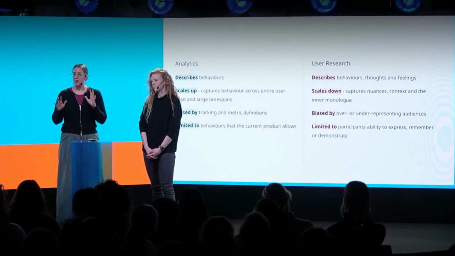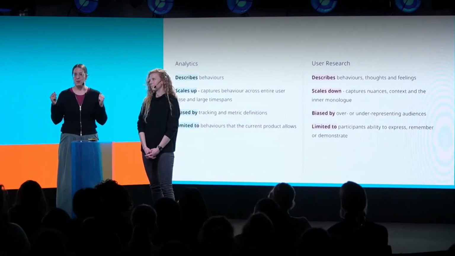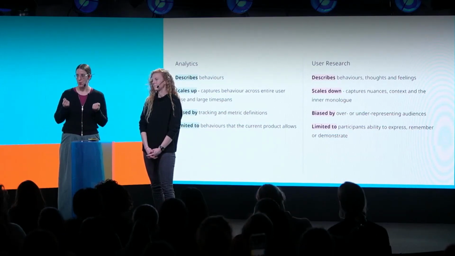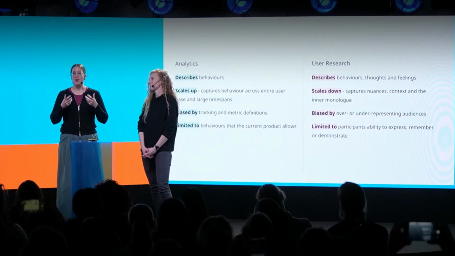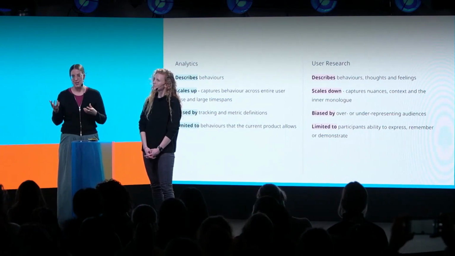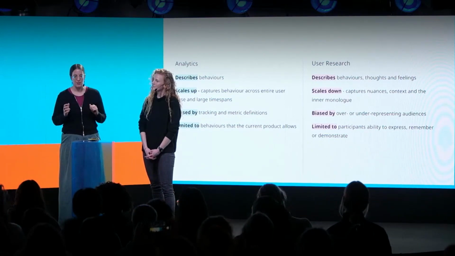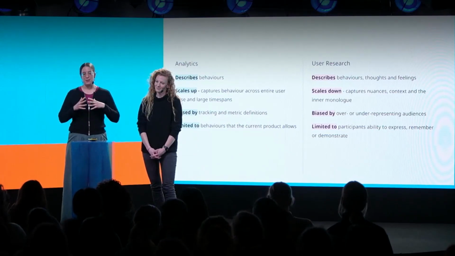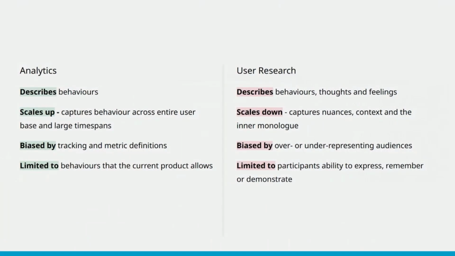I was talking about how triangulation is about acknowledging limitations and leveraging strengths. So I wanted to go over some of the respective strengths and limitations of analytics and user research. Analytics is really good, or is made to gather, objective data, so to speak, about user behavior.